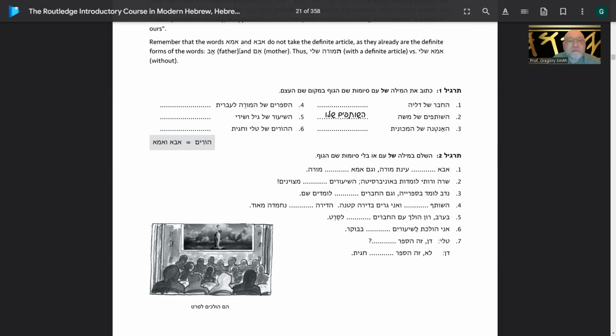Okay, let's see what we got for number 3. Nadav Lomed, Nadav is studying Basifria. I think that's Basifria, in the library.